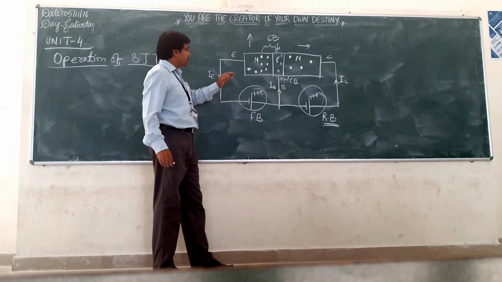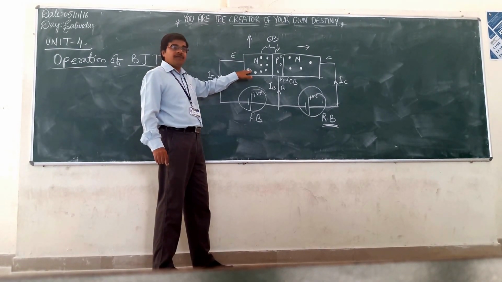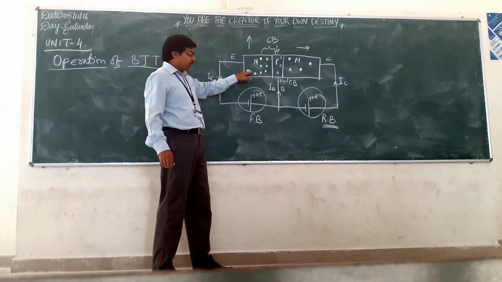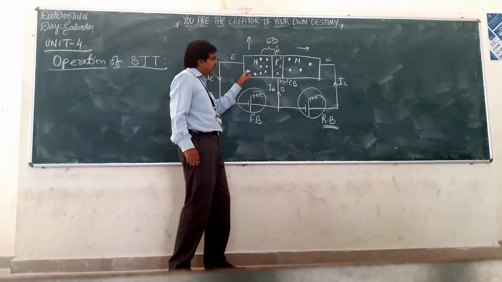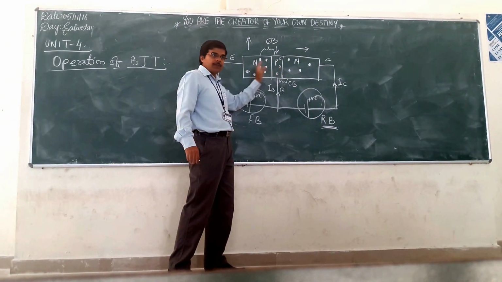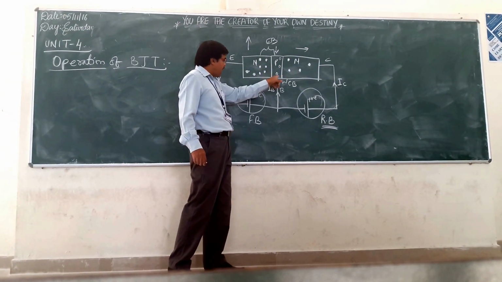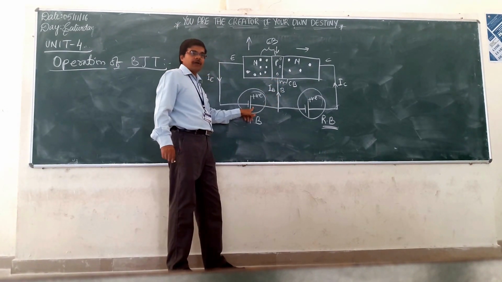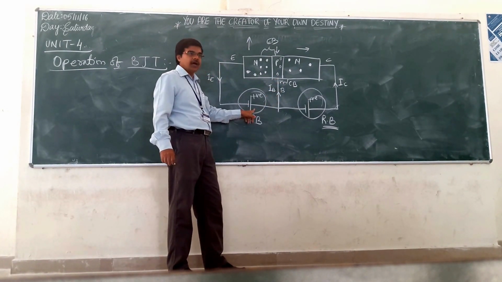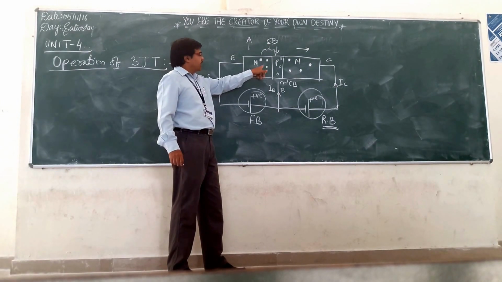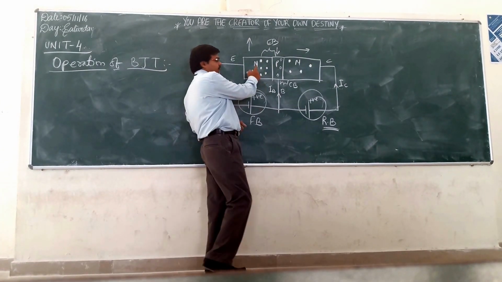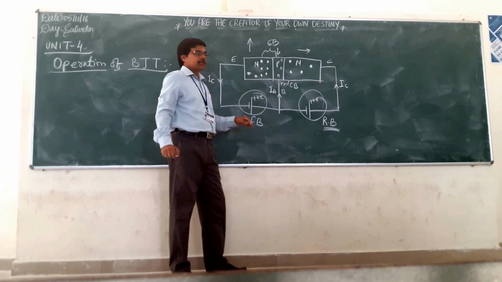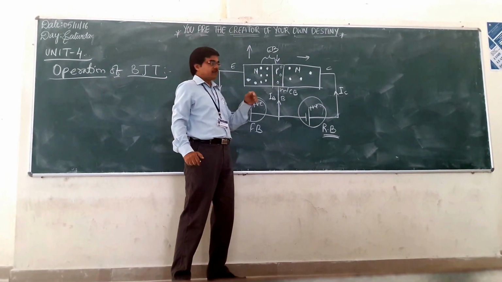So here what is happening? Here you are having the free electrons. These free electrons are moving from negative to positive, as this is forward bias. Here as you are having this forward bias, these free electrons will move from emitter to base.